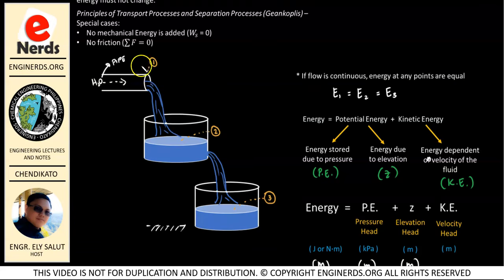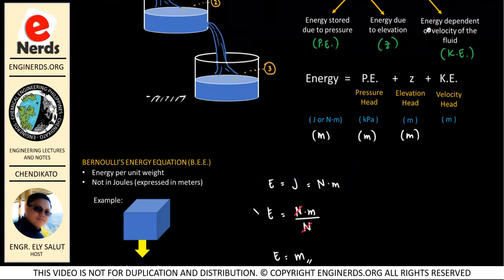So dahil mas mataas ang position ng ating point 1, so that means it has a higher potential energy. And since mas mataas naman itong point 2 kaysa sa point 3, mas mataas ang potential energy nito due to elevation compared dito sa point 3. Okay, so dapat malinaw yan sa atin.